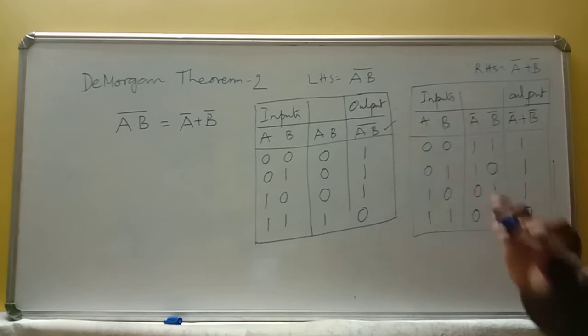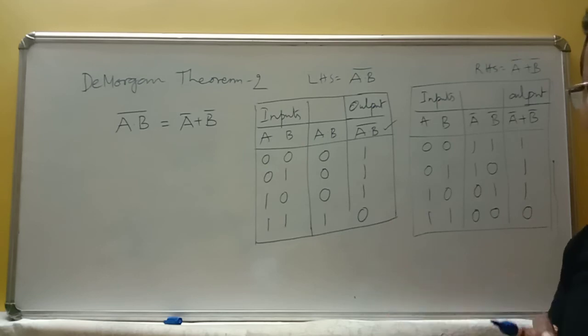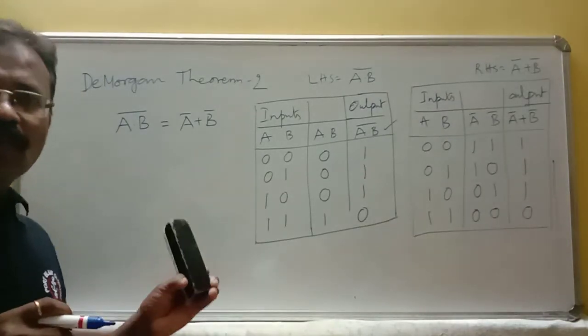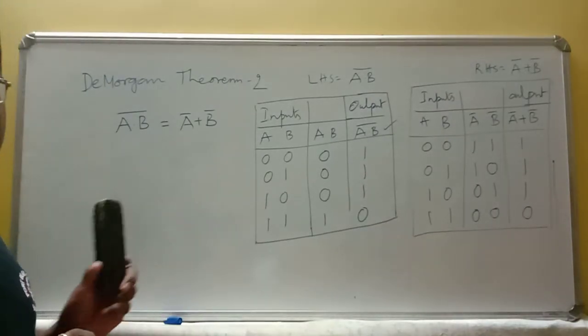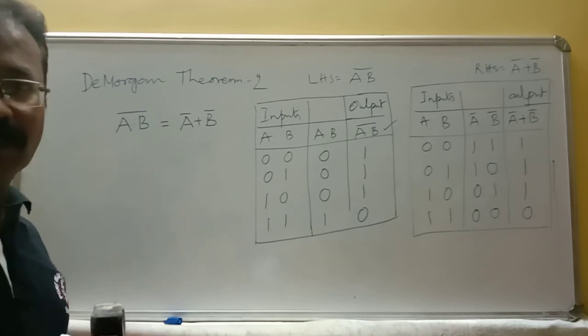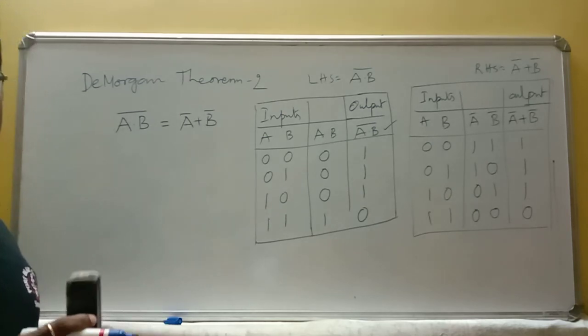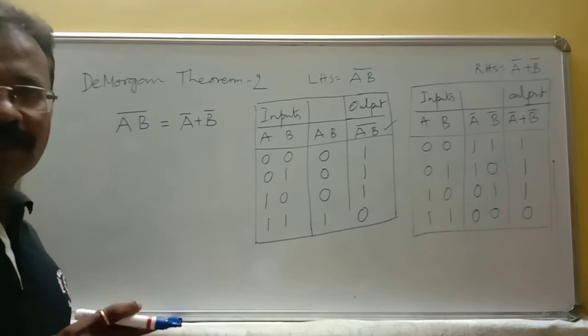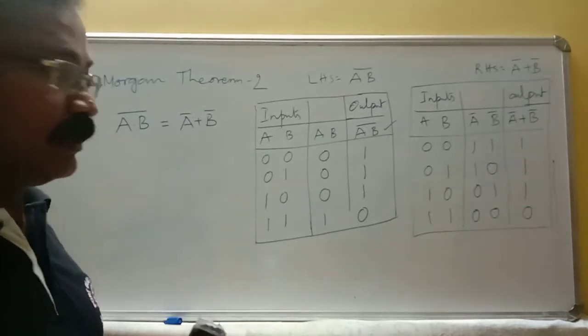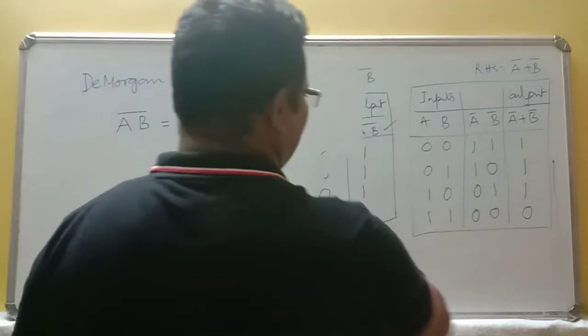So this is De Morgan theorem 2, the second De Morgan theorem. These are the two Boolean laws, two De Morgan theorems used in Boolean algebra to simplify the given Boolean expressions. I repeat again.